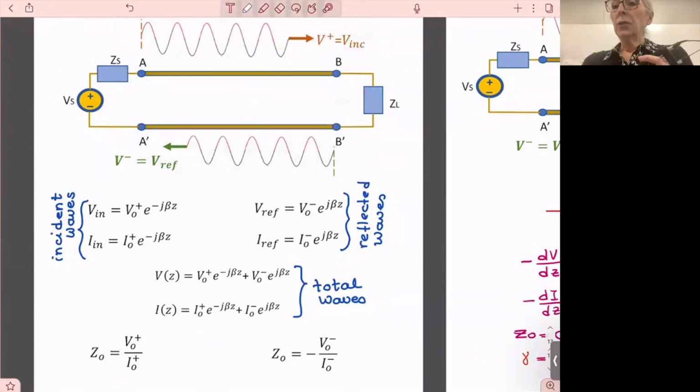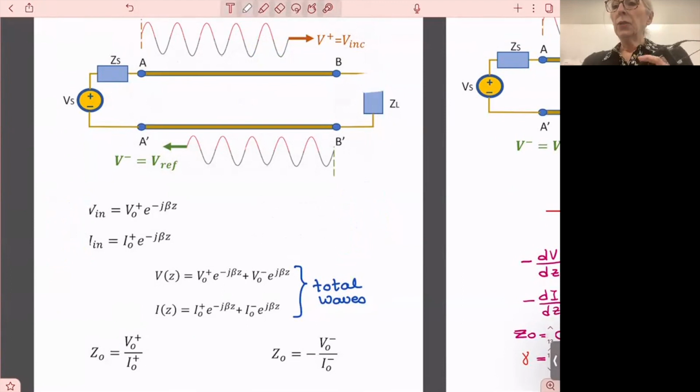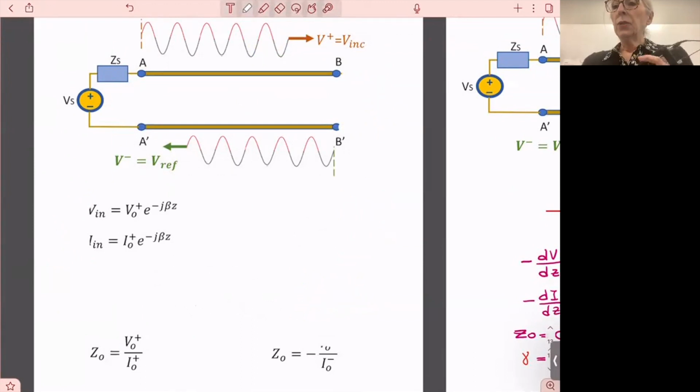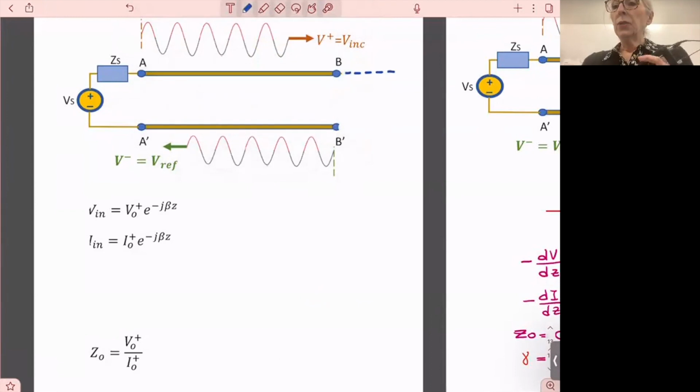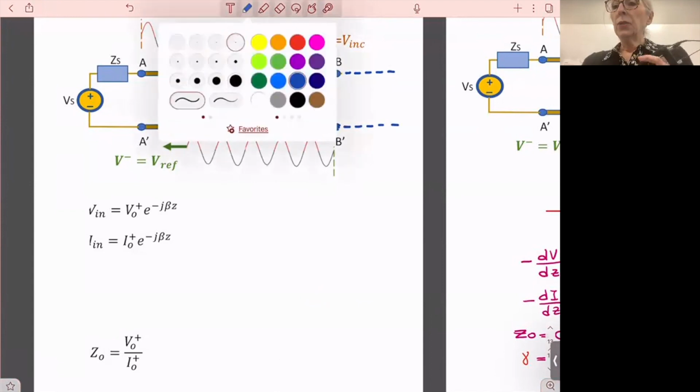So now we'll assume for a moment that our line is infinitely long, goes forever, or as we will see later, the line is matched. In this particular case, we will consider that the line is infinitely long.